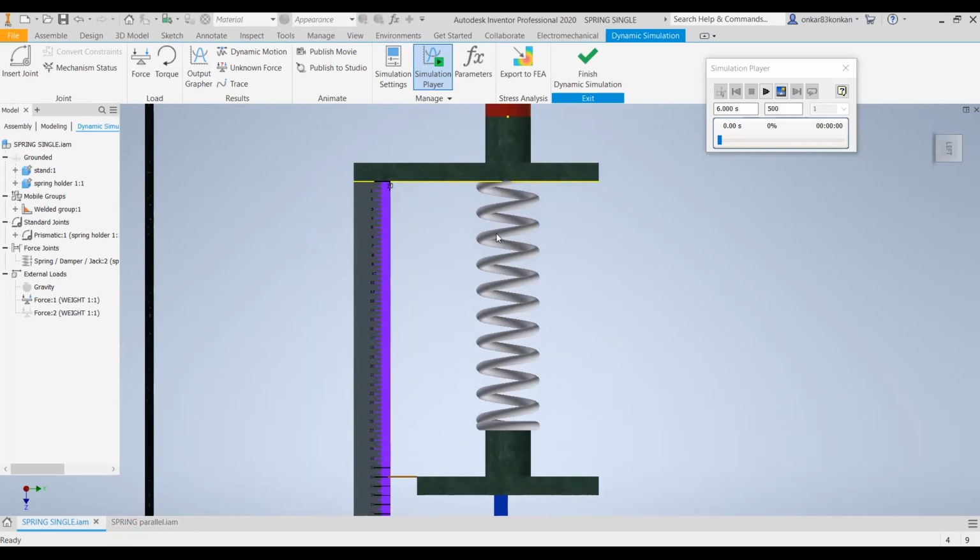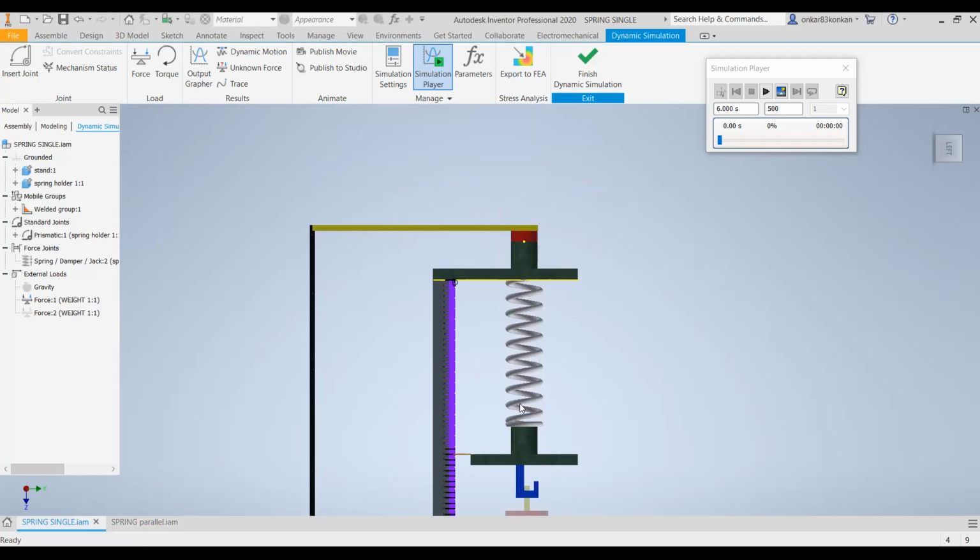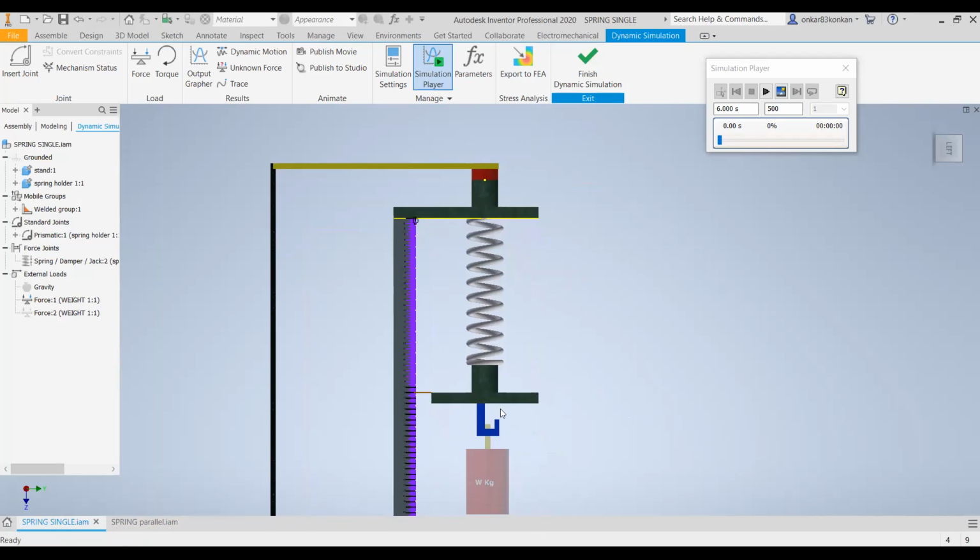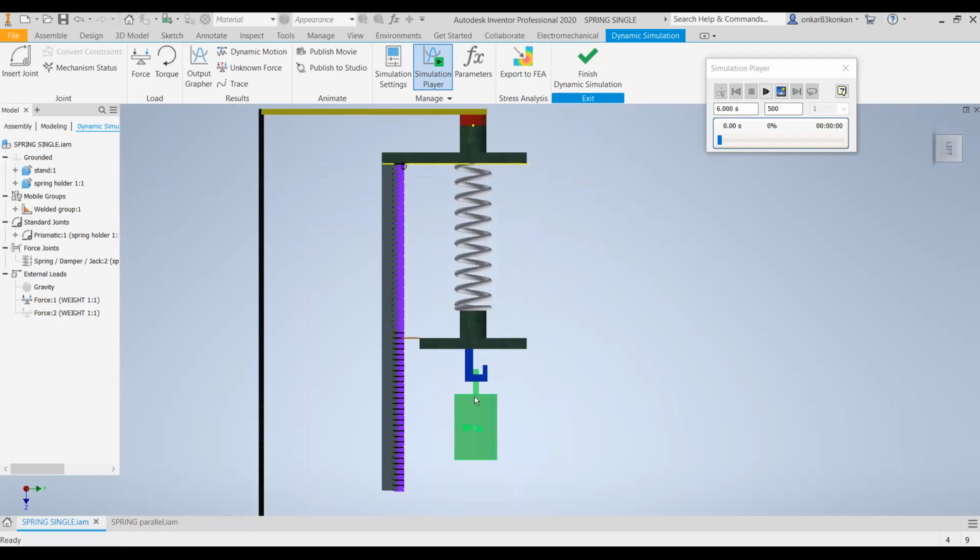This is a helical spring. Now I have connected this spring to the fixed support, and we want to measure the spring constant, that is, the spring stiffness. To measure the spring constant, we should connect a known weight to the second end of the spring, and after that we should measure the deformation.